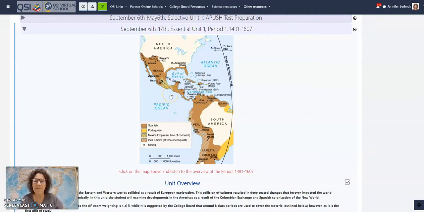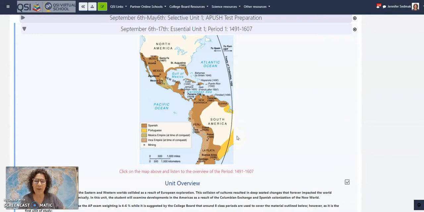So you can see the areas that the Spanish colonized. This line of demarcation here, and you can see the indicator that says to the west Spain and to the east Portugal. This was a treaty that was negotiated in 1494 by the Pope, and essentially it was the line of demarcation separating Spanish colonization from Portuguese colonization.